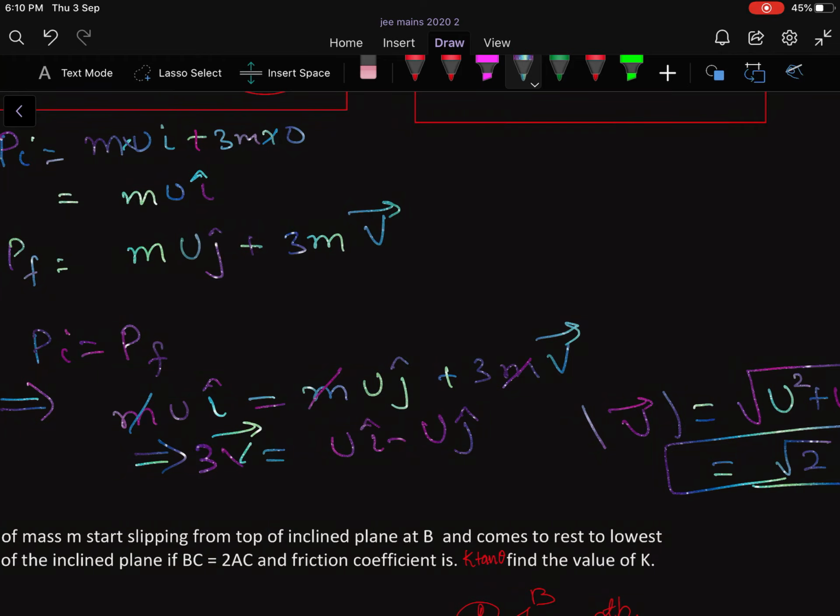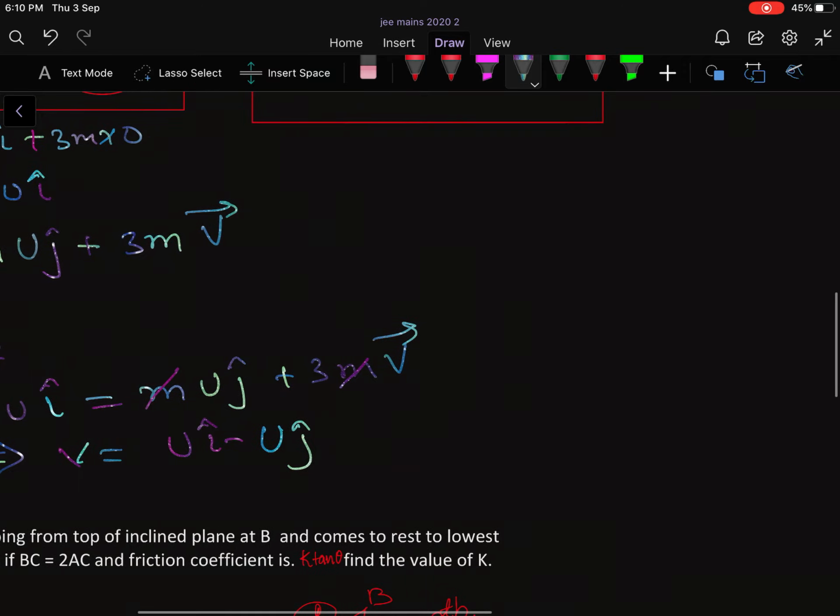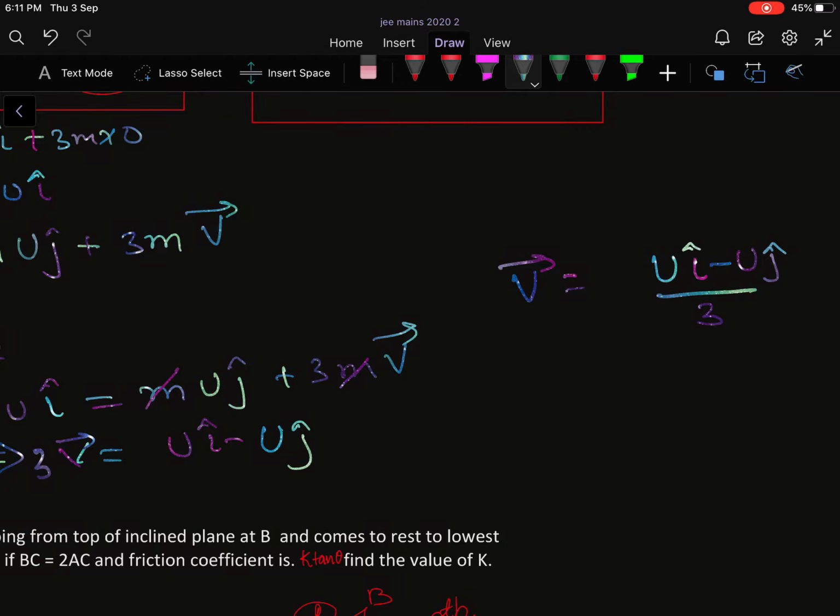So just transfer it first. It will be minus u j, and that will be 3 v bar. So v bar will be u i minus u j by 3, correct? Now finding the magnitude, that will be 1 by 3.